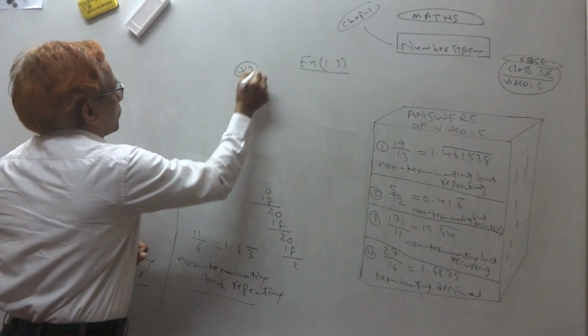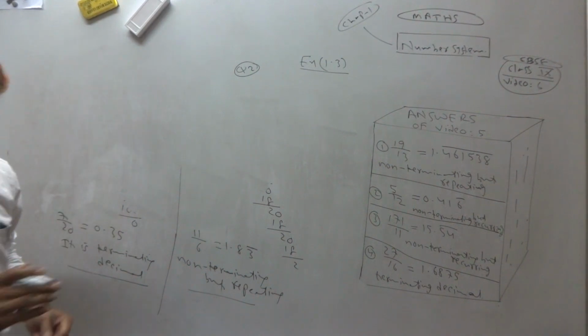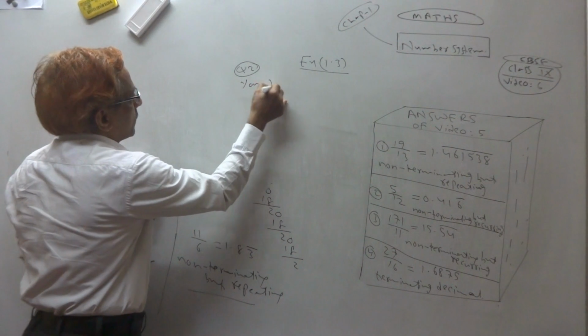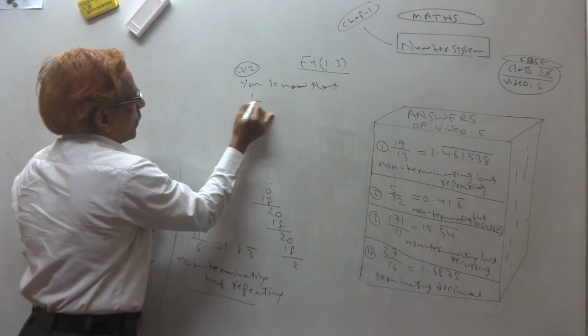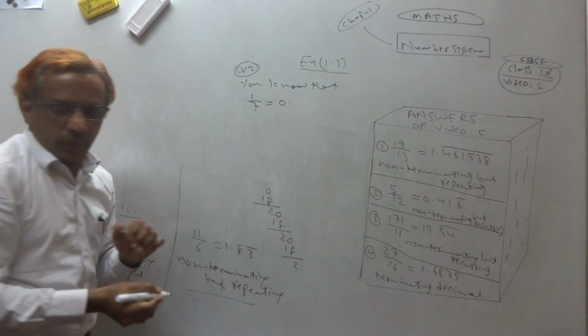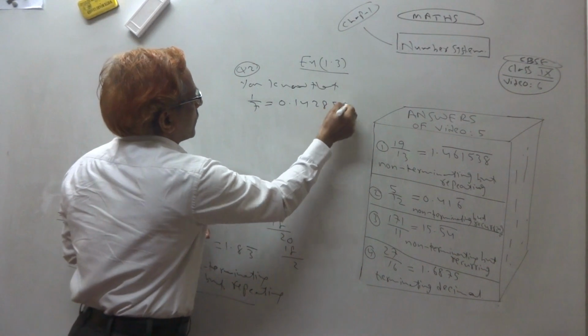Question 2. Yes, what is question 2? You know that 1 by 7 is equal to 0.142857 bar.